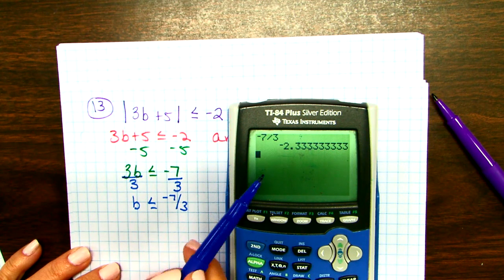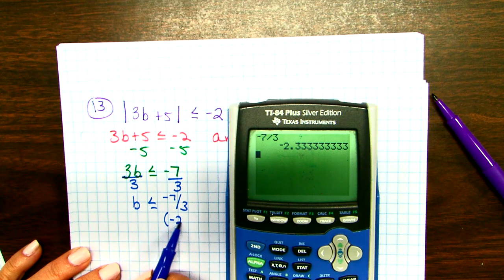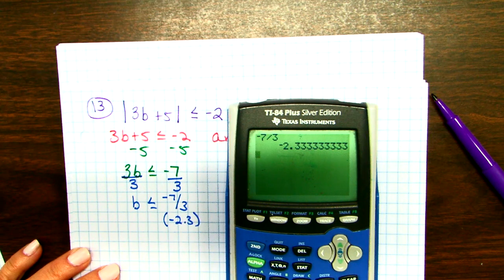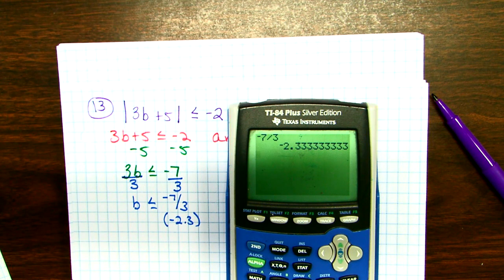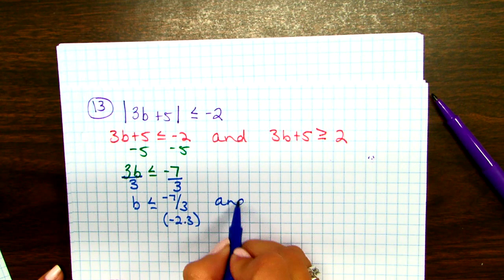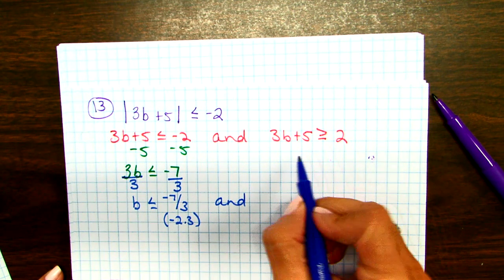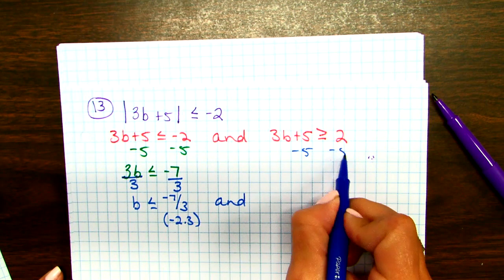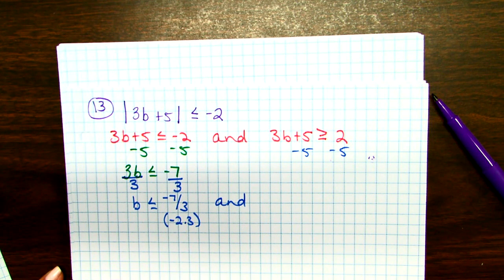Okay, but it is nice to know where that is for the purpose of putting it on a number line, right? Because I don't know where 7/3 is, but I know where 2.3 repeating would be, approximately. And subtract 5.